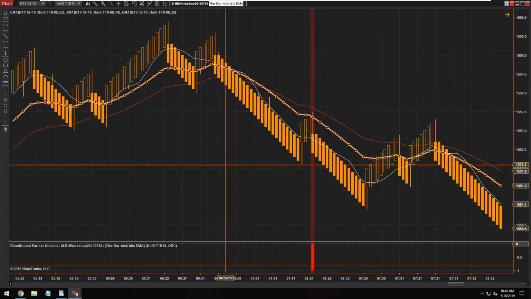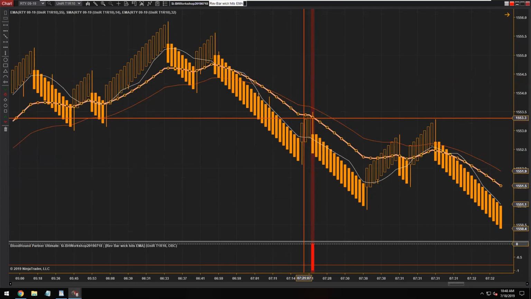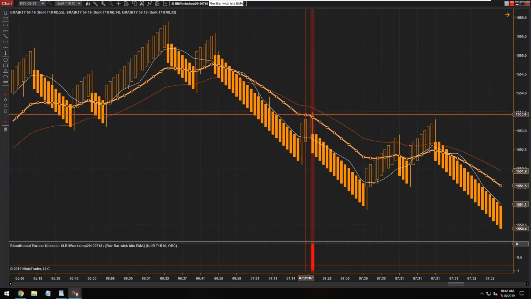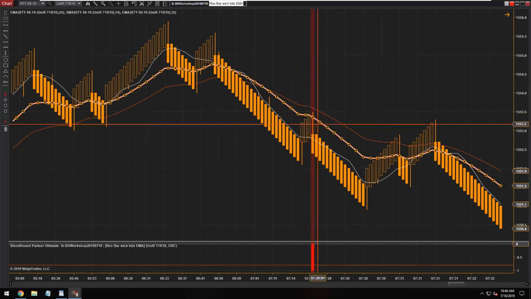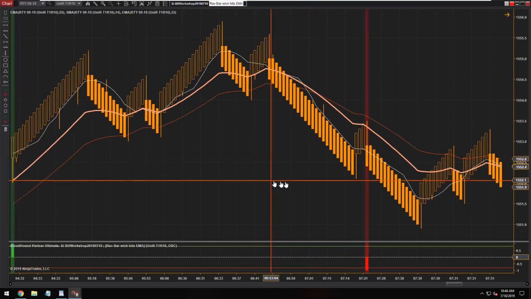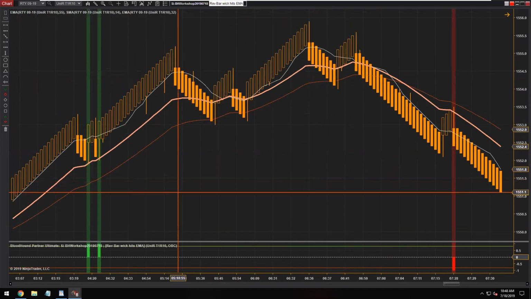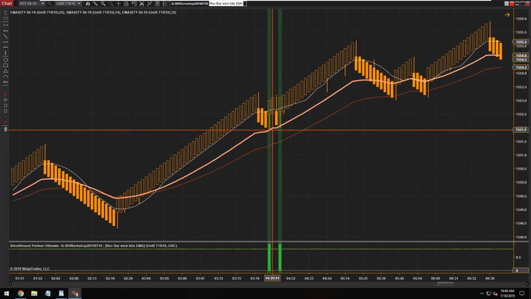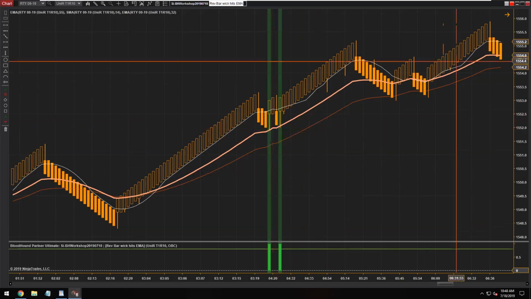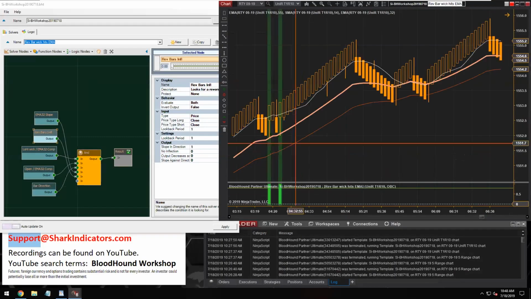So I guess having a higher slope requirement keeps these pullback bars to a minimum. Otherwise, that EMA is going to flatten out too much. So, all right, there's a few more signals. And good.